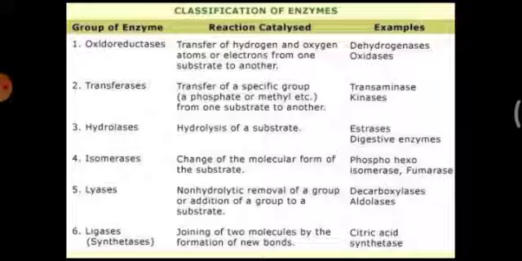Lyases help in the breakdown of substrate into product, or removal or addition of a group to a substrate, example decarboxylases. Ligases means synthetases, joining of two molecules by formation of a new bond, example citric acid synthetase. So I am going to explain this in detail.